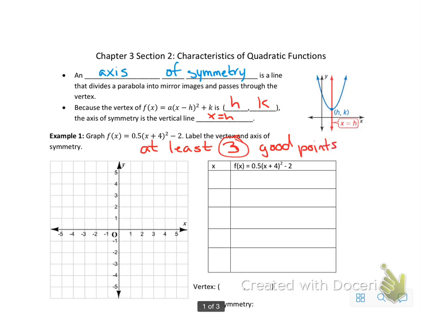Typically, when we're talking about good points, we're talking about whole number points, or at least a point that you can plot, and then base the rest of your graph on that.